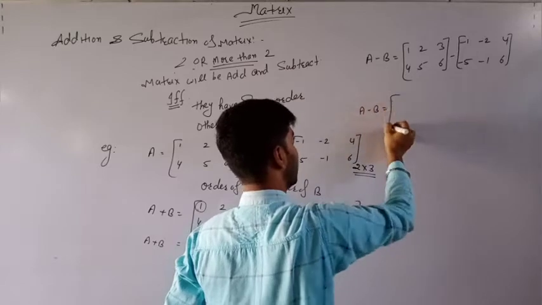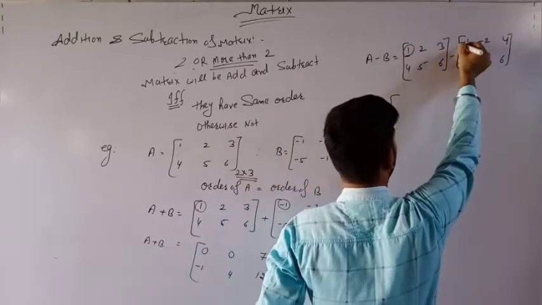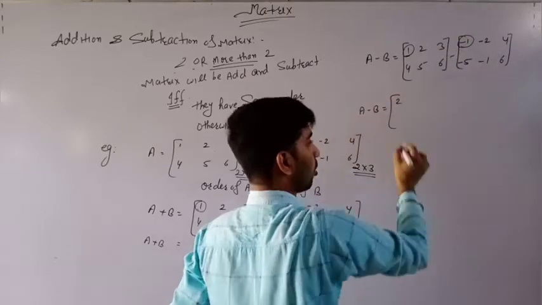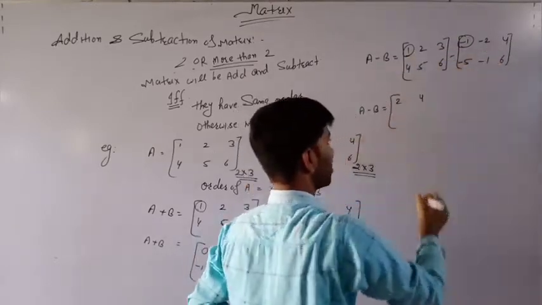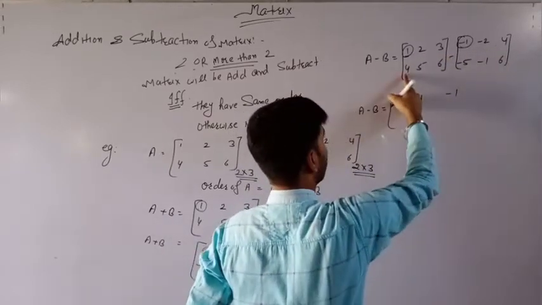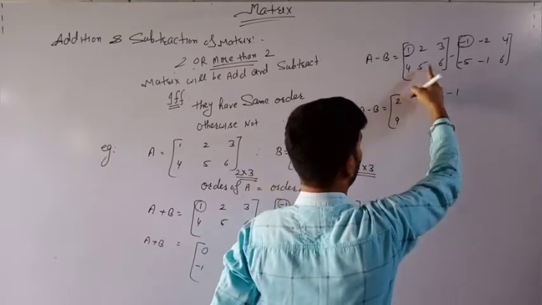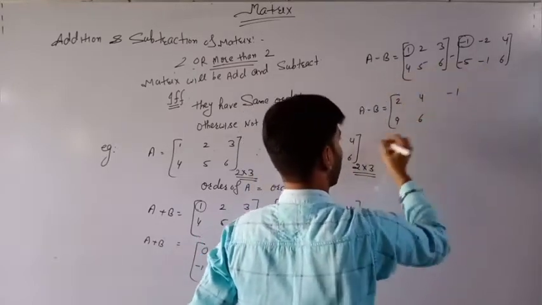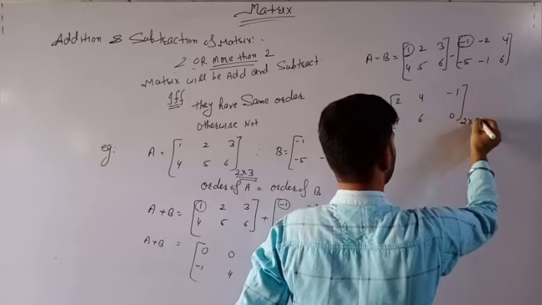A minus B is equal to corresponding elements subtracted. 1 minus -1 is 2, 2 minus -2 is 4, 3 minus 4 is -1, 4 minus -5 is 9, 5 minus -1 is 6, 6 minus 6 is 0.